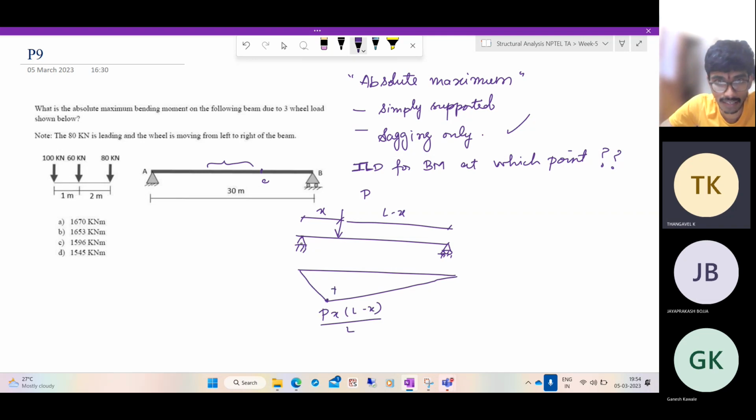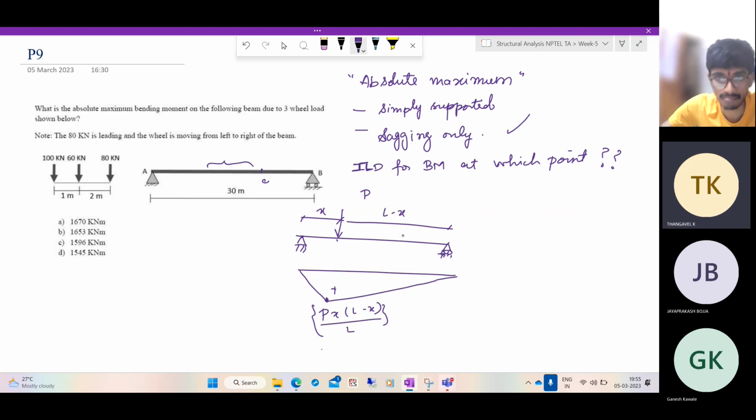If you just resolve it, the force that comes onto here will be P into L minus x by L. Here the force will be P into x by L. If you take any half of the beam and find out the bending moment at this point, which is the maximum, you will get Px into L minus x by L.